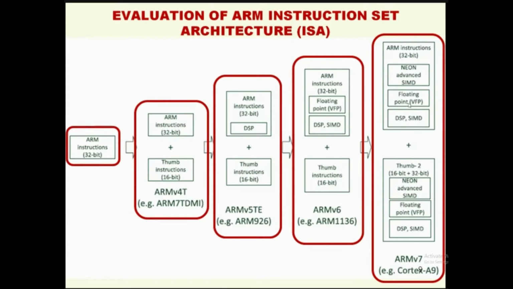There is no separation. Here there is a limitation: SIMD cannot be done with Thumb, and DSP cannot be done with Thumb. But Thumb-2 can do DSP, floating point, as well as single instruction multiple data, which is a special feature of the ARM Cortex series, which is ARM version 7, as we see here very clearly.